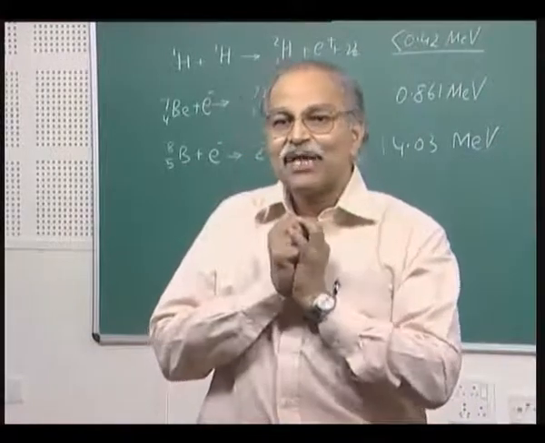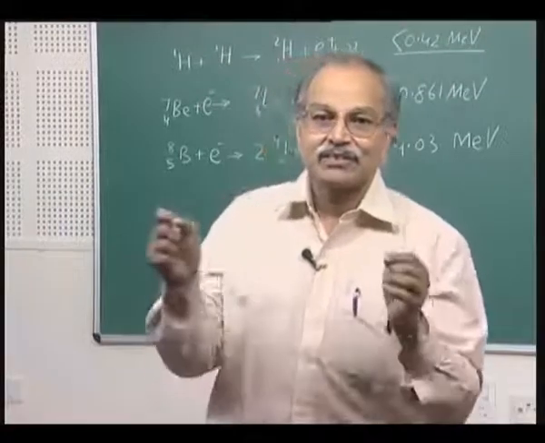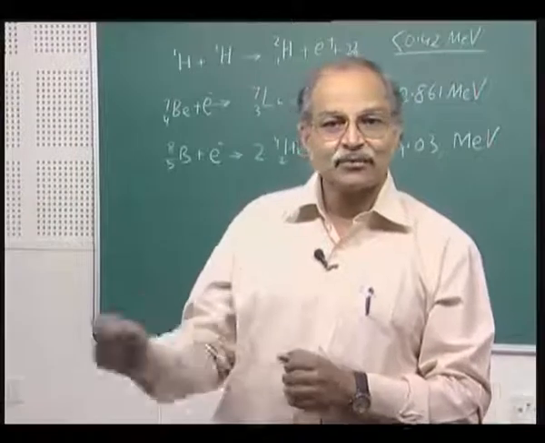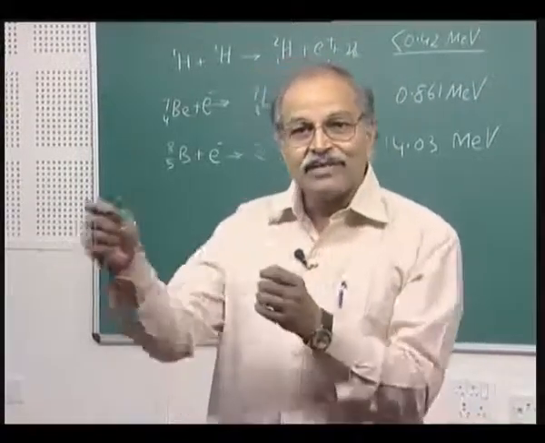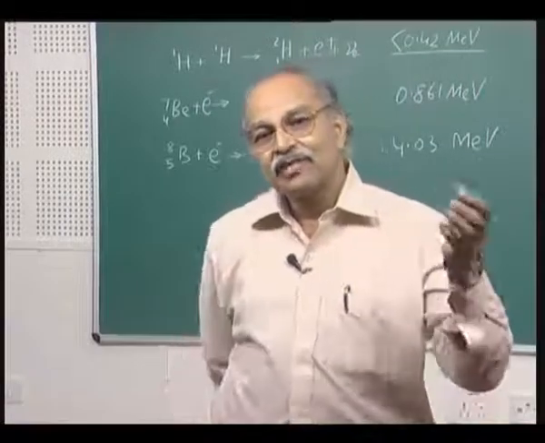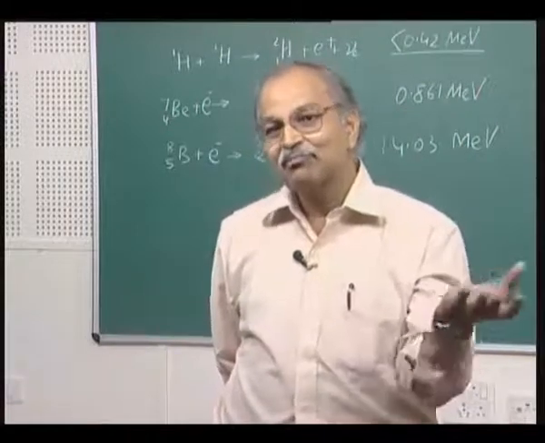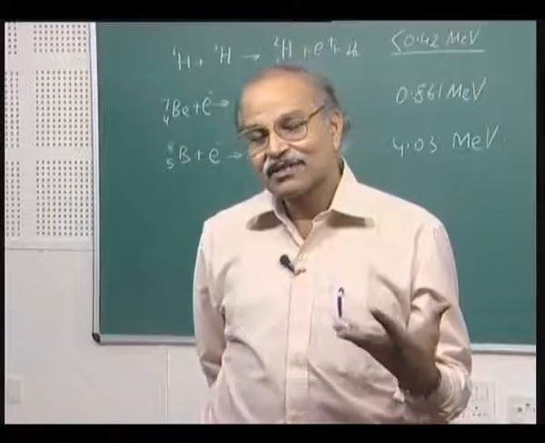So, this is known as neutrino oscillations, and the results of this Sudbury experiment were announced very conclusively only in 2001. So, it is 1 decade ago, in 2001, that this neutrino oscillation was established, and the problem of the missing neutrino, which was there for 30 years, was resolved.